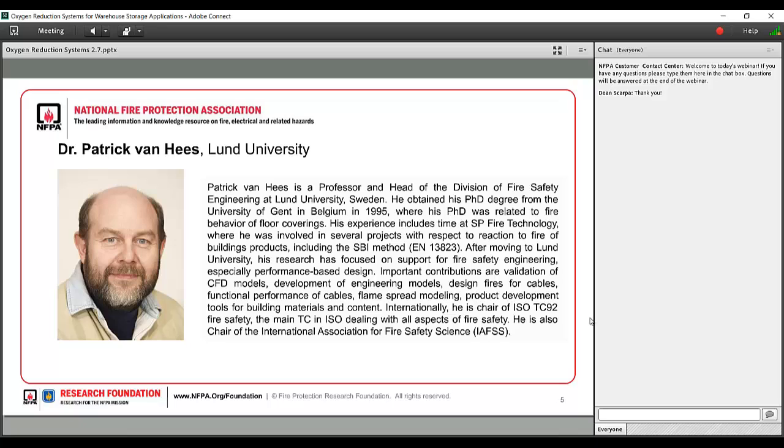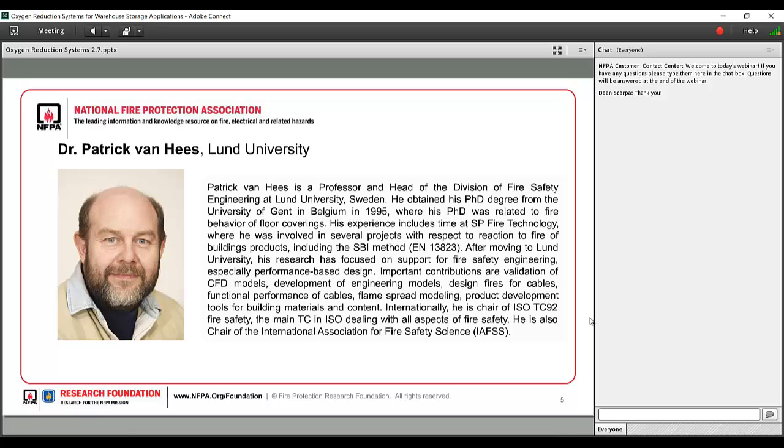His experience includes a time at SP Fire Technology, where he was involved in several projects with respect to reaction to fire of building products, including the SBI method. After moving to Lund University, his research has focused on support for fire safety engineering, especially performance-based design.